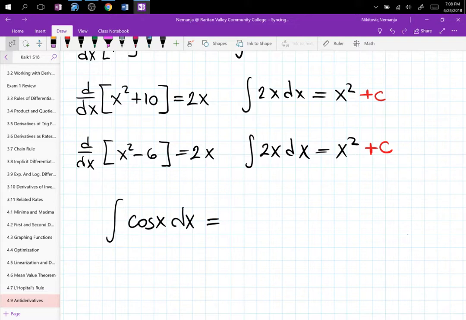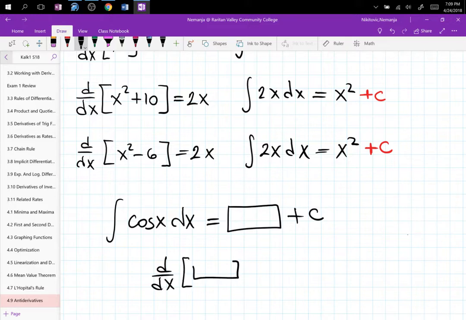So your question is, what goes in this box plus c? This is what you should ask yourselves. The derivative of what gives me cosine x? Sine x.